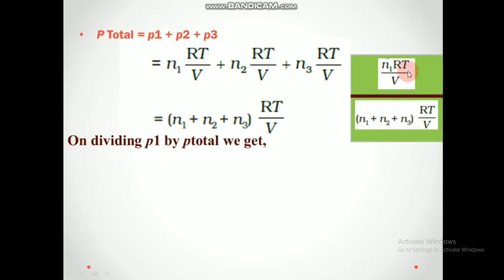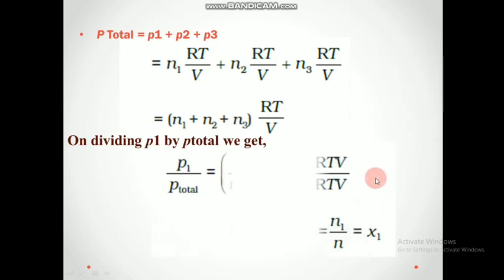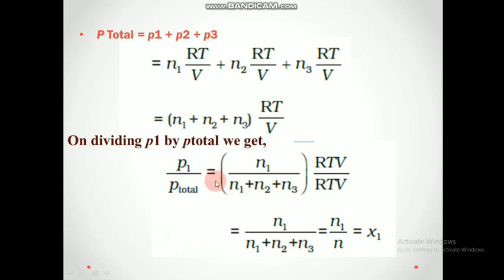And this is the equation of P1 by P total. And when we rearrange the equation, we can take this upside, so this will become reciprocal, and hence rearranging the equation, we get this equation. P1 by P total is equal to N1 divided by N1 plus N2 plus N3 into RT by V by RT by V. We can cancel these two RT by V, hence we get this equation: N1 divided by N1 plus N2 plus N3.